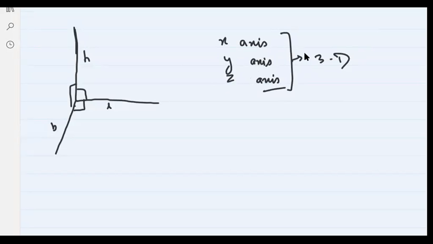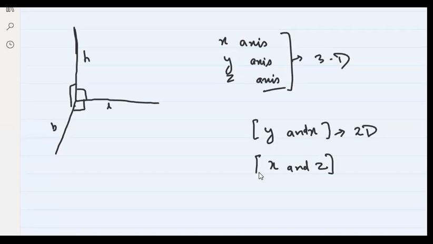Tell me. If any object moves in the x-axis and y-axis, then the motion is 2D or 3D? 2D, very good. If anything moves in x and z, then is it 2D or 3D? 2D only.